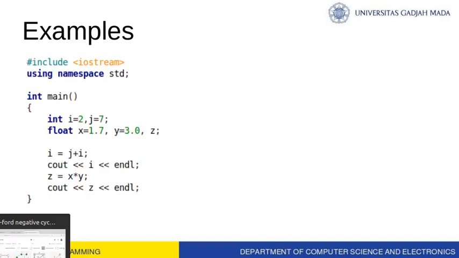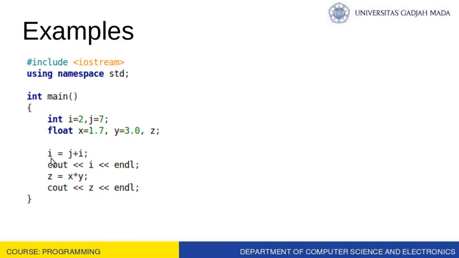Okay, so this is an example. Suppose I have two data types, which are integer and float, with 2 integer variables and 2 float variables. Here are 3 variables, and if we do the addition j plus i, this is integer plus integer, so the result should be integer.